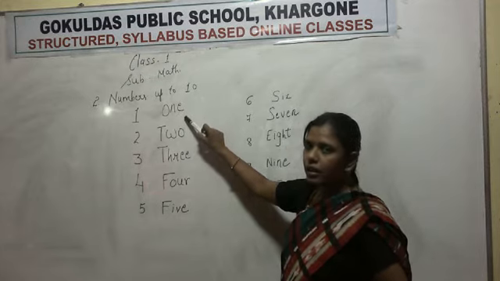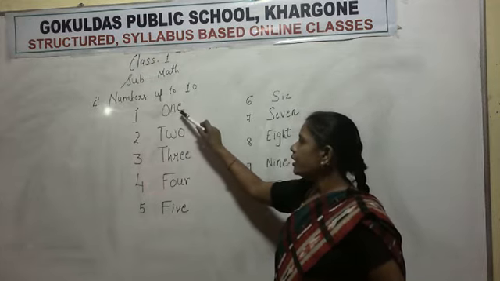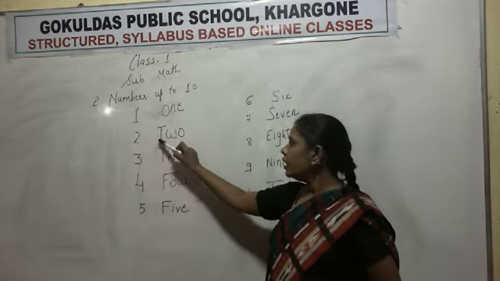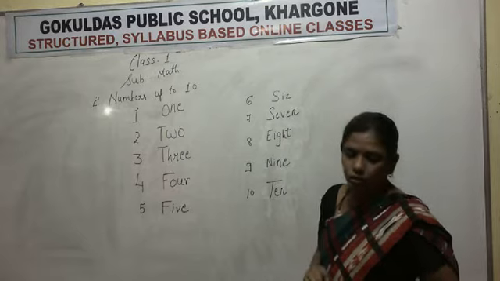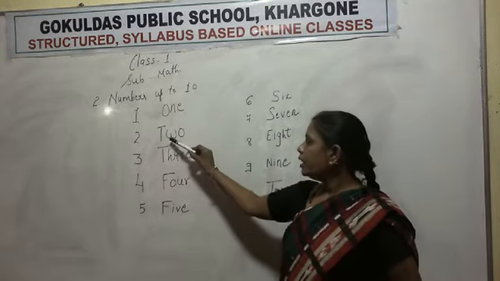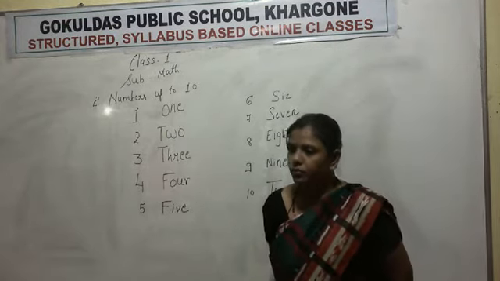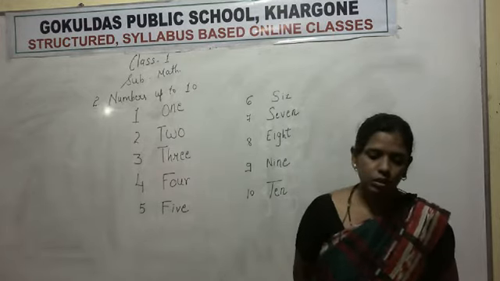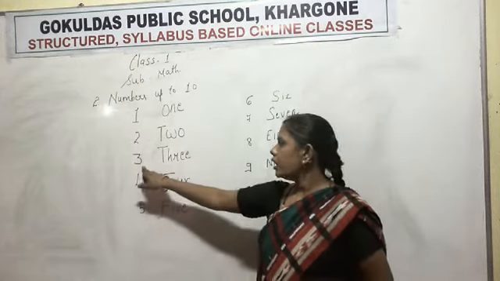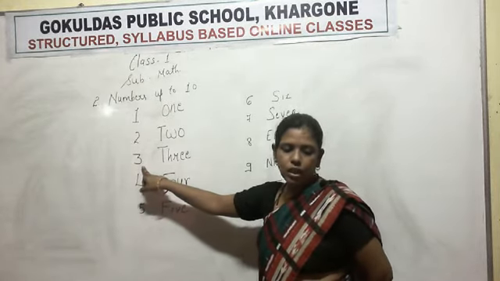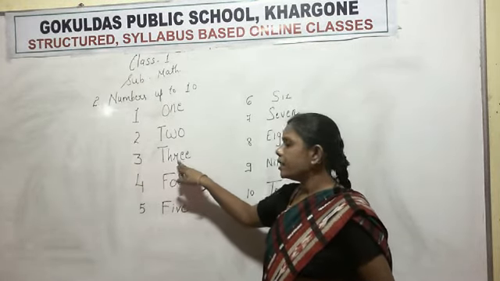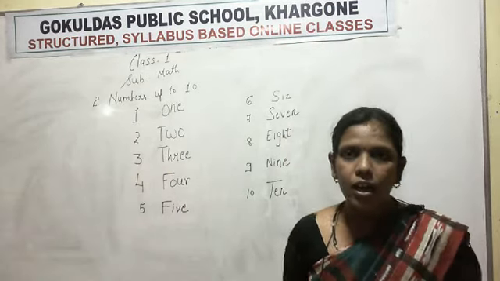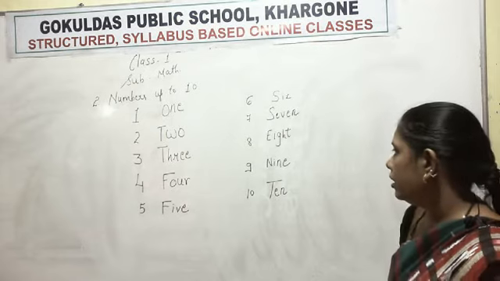O-N-E, 1. Next, write 2. T-W-O, 2. Write. Next number, write 3. Now write T-H-R-E-E, 3.